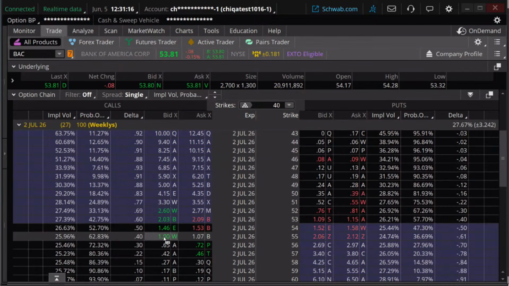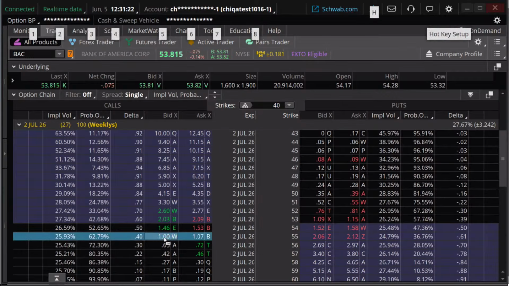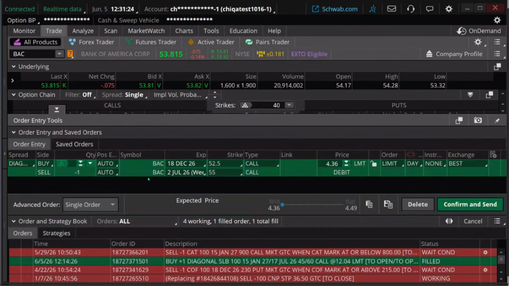I'm going to sell this contract here, okay? The 55. So I'm going to hold down my control key. In relationship to the price of the long, the short is going to be actually a pretty good percentage of that. The net cost is going to be 435, 440 bucks, something like that.